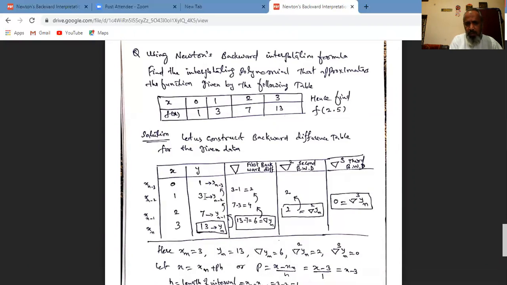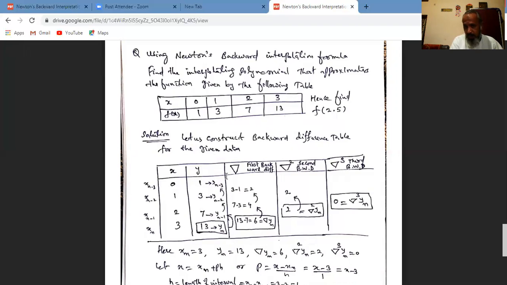The last value of X is 3, so we denote this value by x_n. The preceding values of X are x_n minus 1, x_n minus 2 and x_n minus 3. The corresponding value of x_n equal to 3 is y_n, this is 13. And 7 is y_n minus 1, 3 is y_n minus 2, 1 is y_n minus 3.